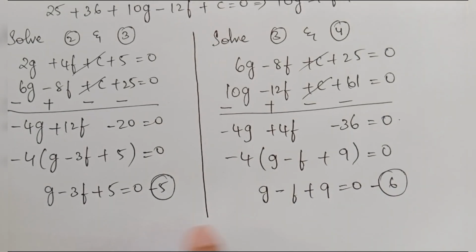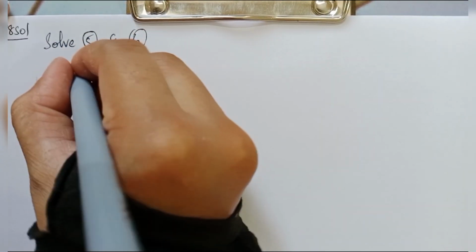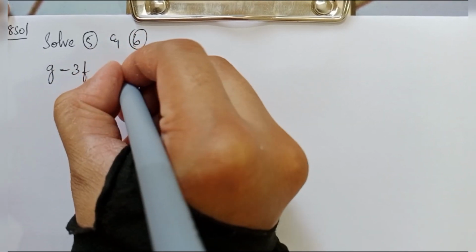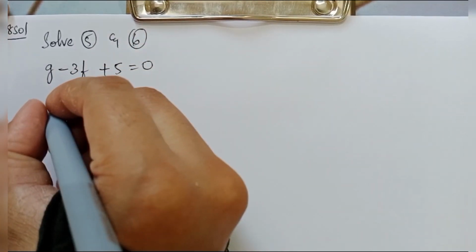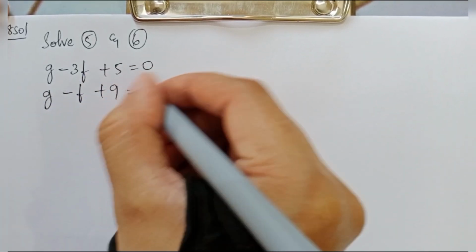Now we'll solve these 5 and 6 to get the values of g and f. Equation 5 is g minus 3f plus 5 equals to 0, and equation 6 is g minus f plus 9 equals to 0.